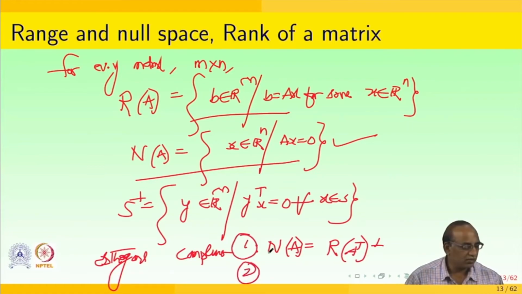The second property is that the range of A perpendicular is N of A transpose.